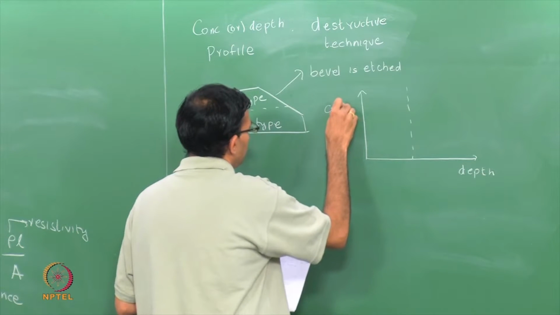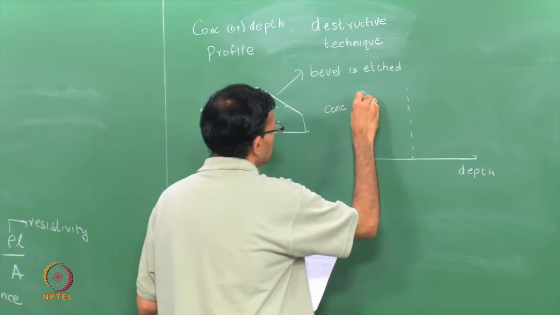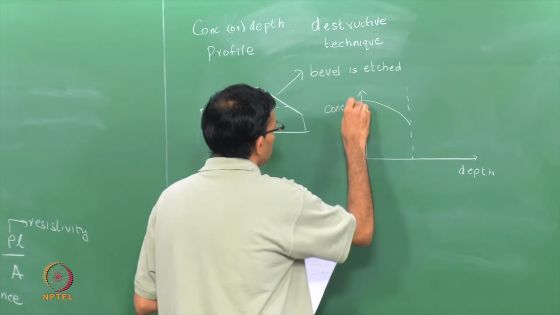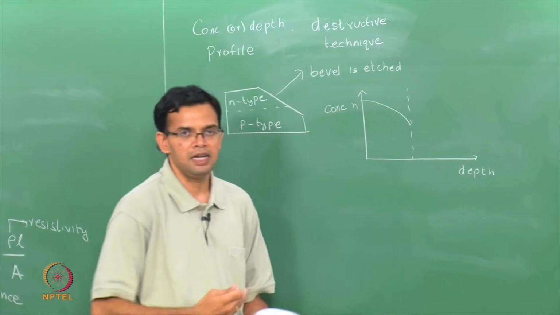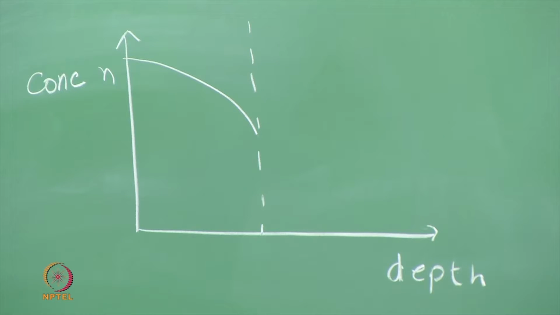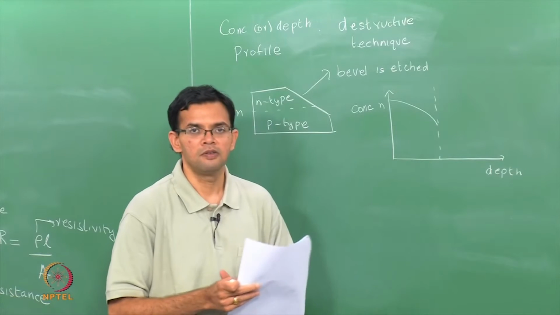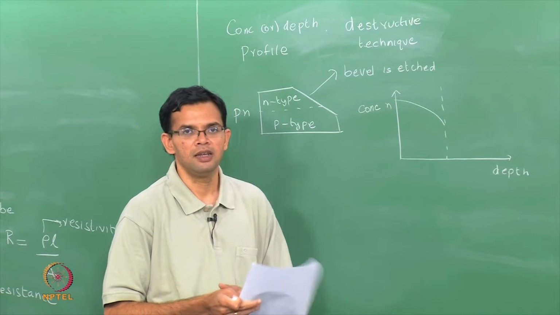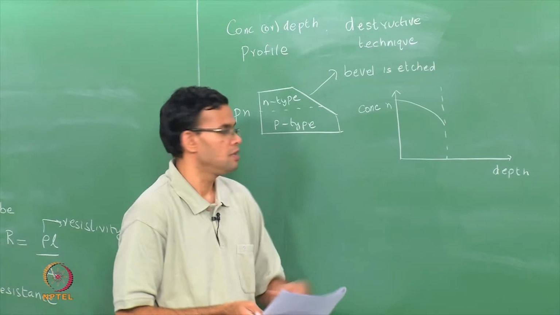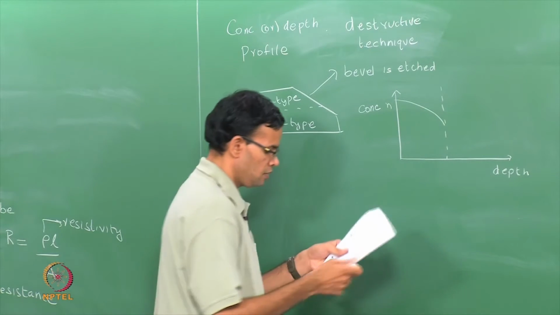So, I will directly plot the concentration. Near your surface you have an n-type region. As you go closer to the p-n junction, we know the electrons and holes recombine, forming a depletion region, and the concentration drops.